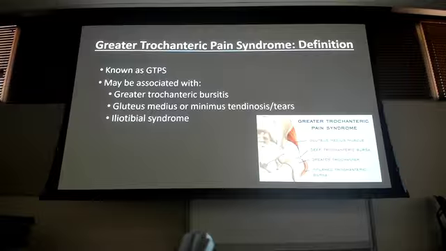So in this case, will the presentation in the vignette tell you that they have not only lateral pain, but also manifestations in the posterior or anterior aspect? Yes. That's how you read that question, to discern what they're getting at. Is this GTPS or is this straight trochanteric bursitis? Okay, here you go. Any questions about that?